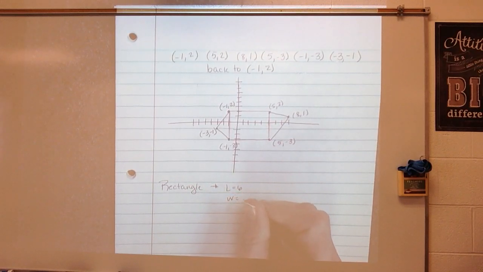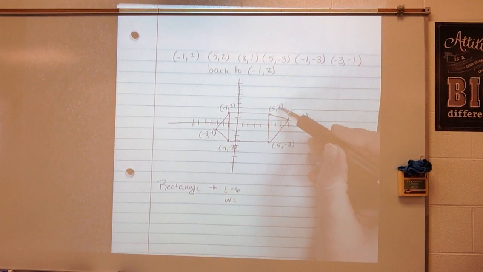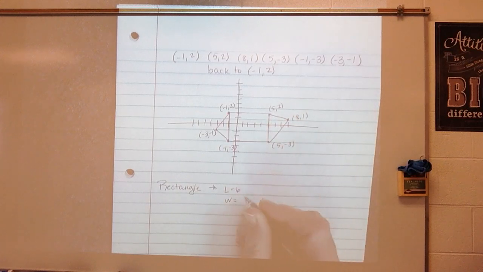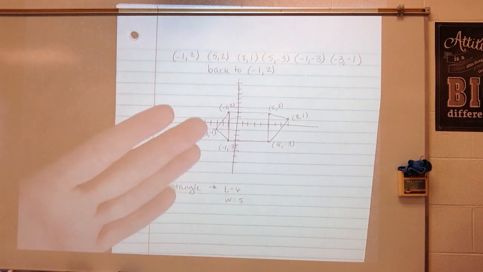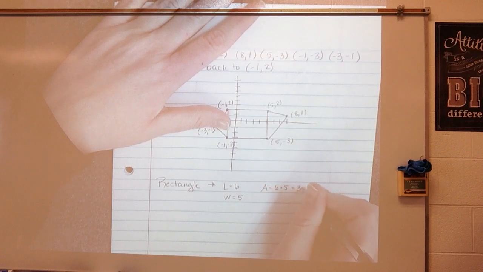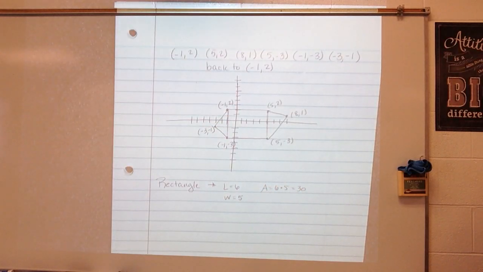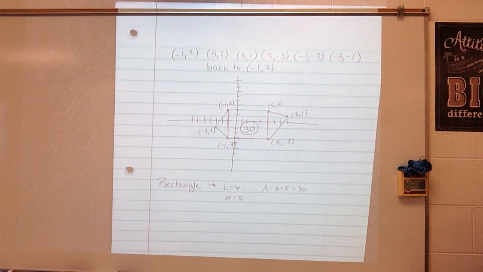And the width of my rectangle goes from 2 to -3, so the width is 5. Now I can figure out the area of my rectangle. The area of the rectangle is 6 times 5, which is 30. Okay? So the area of this figure right here is 30.